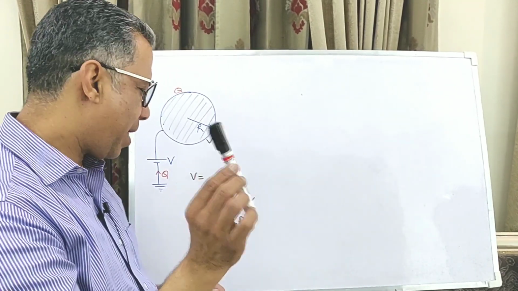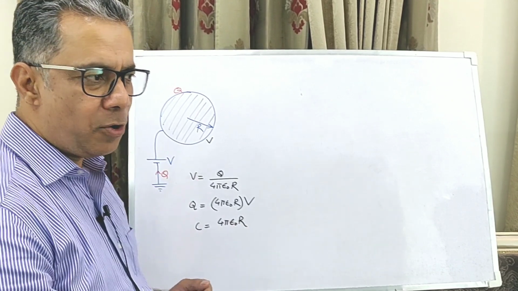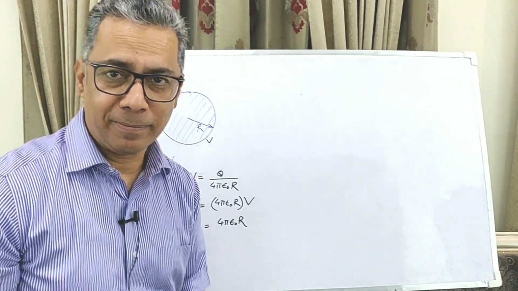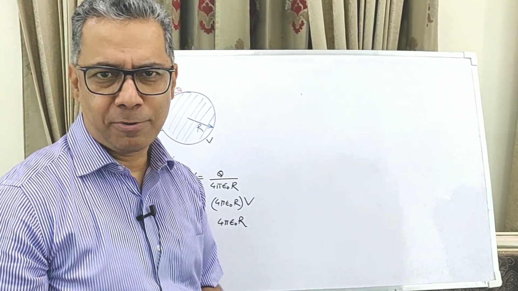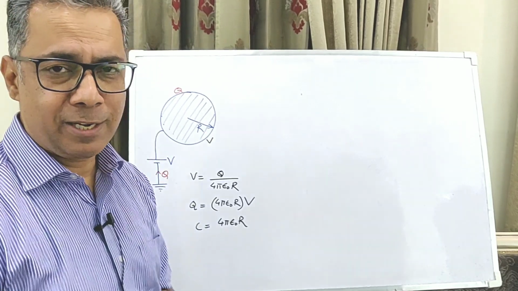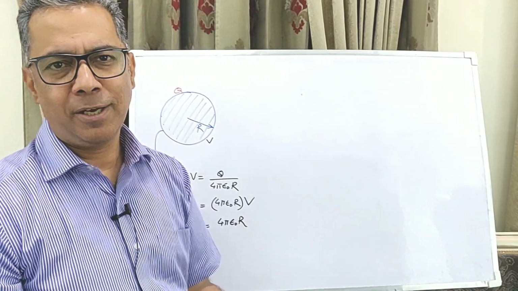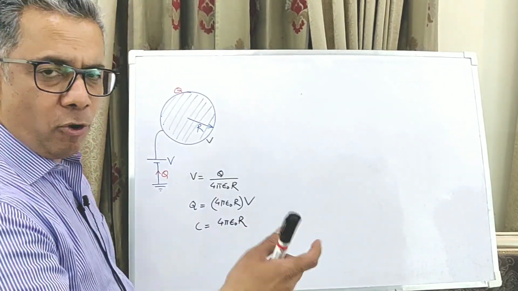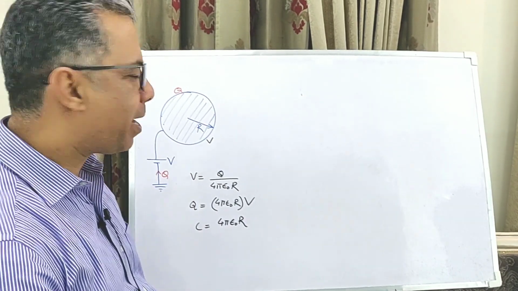So to have a capacitor of 1 farad, it has to have a radius of the order of 10 to the power 10 meter. Now 10 to the power 10 meter just happens to be about 10,000 times the radius of the earth, and that's an impossibly large sphere to construct, and therefore 1 farad is an impossibly large capacitance.